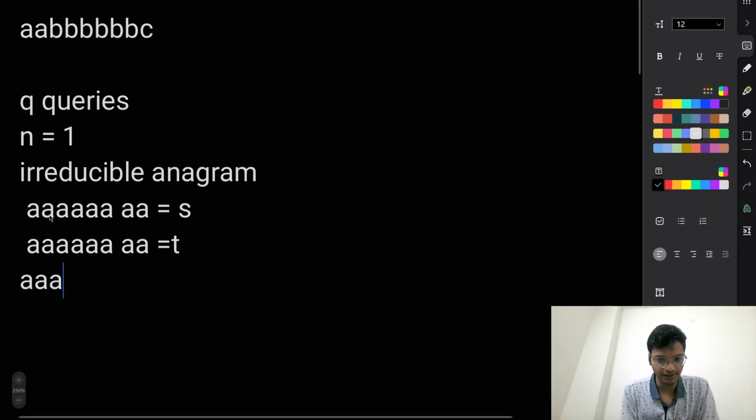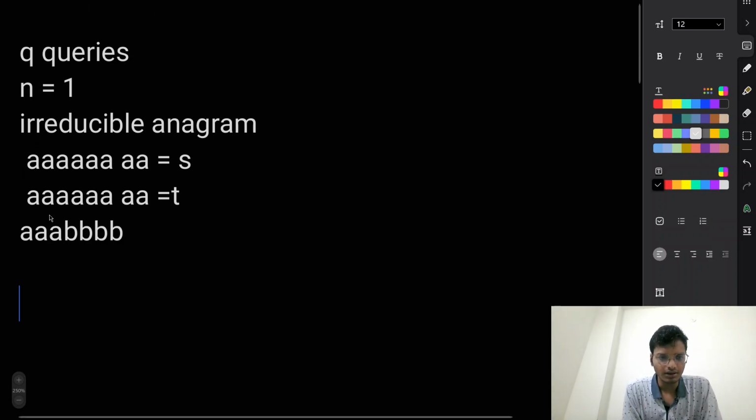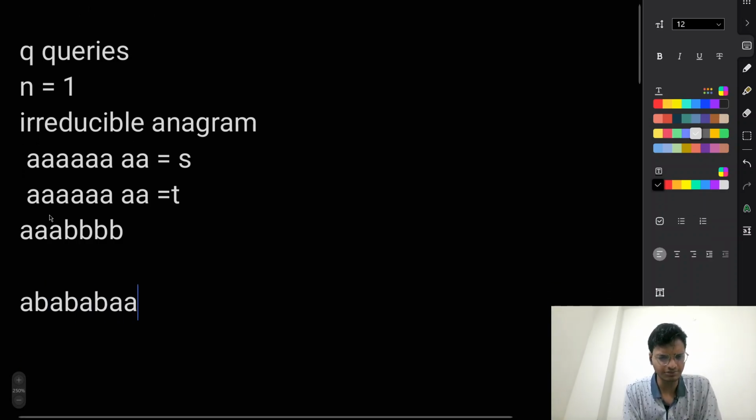So what if there are two different possibilities so far? If there are two possibilities, like A and B, we can take some input cases and try, or we need to think about the general case, like if some random string is given, like this one and this one.